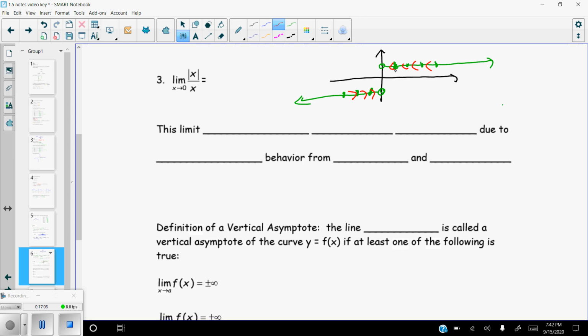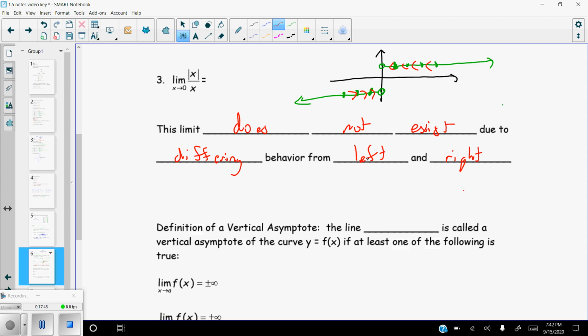So this limit also fails to exist, or does not exist, due to what's called differing behavior, from the left and the right. One limit coming from the left-hand side is one thing, one limit coming from the right-hand side is another thing as you approach the same x value. Therefore, you have differing behavior. The limit must be the same from both sides in order for the limit to exist.